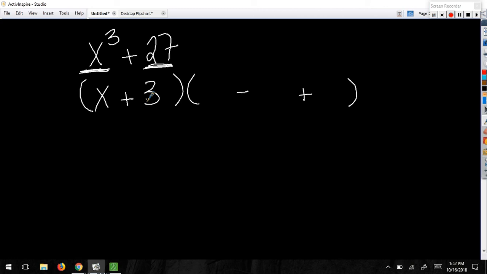All right, now let's use those two to form the next piece. What goes here? X squared. You square the first one for the first spot. What about the last one? What goes in the last one? 3 squared or 9. How about the middle? 3x.